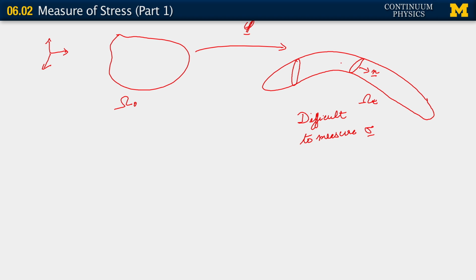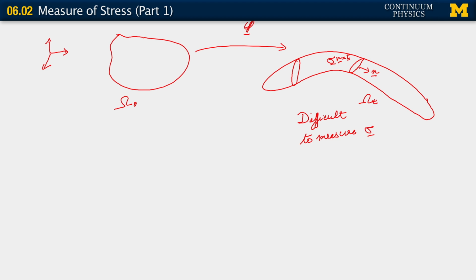If that is your normal n, then we have sigma n equals t, traction. You don't know how that area is oriented on the inside. It's therefore difficult for you to say what the traction is. In what direction are you measuring the traction?